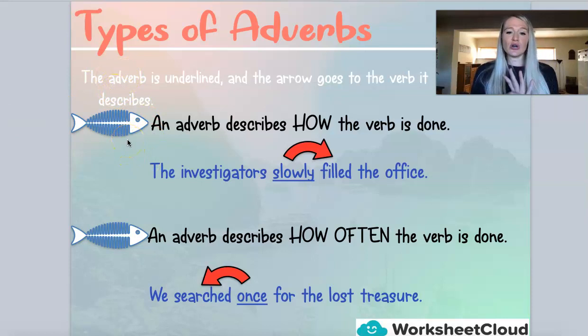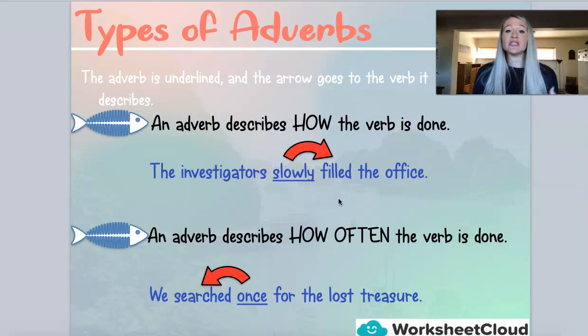So we are going to look at our different types of adverbs. And we're going to start off looking at how a verb is being done. So remember what I said? We said that adverbs can describe a few different aspects of verbs. So now we're going to look at how. So, the investigators, let's look at the sentence. The investigators slowly filled the office. So, this describes how that office was being filled.